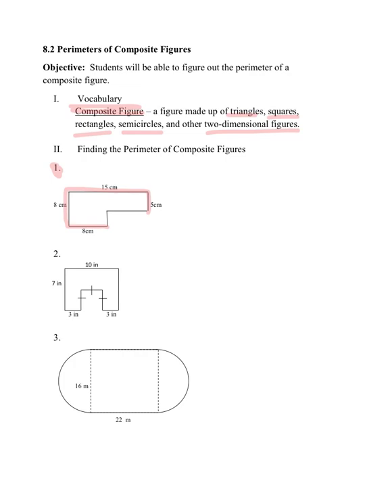So what you have to do is figure out what these other 2 measurements are. I take a look at it and say, if this entire side is 15, and this is 8 of that 15, that means this piece here has to be 7 because that's what's left over.